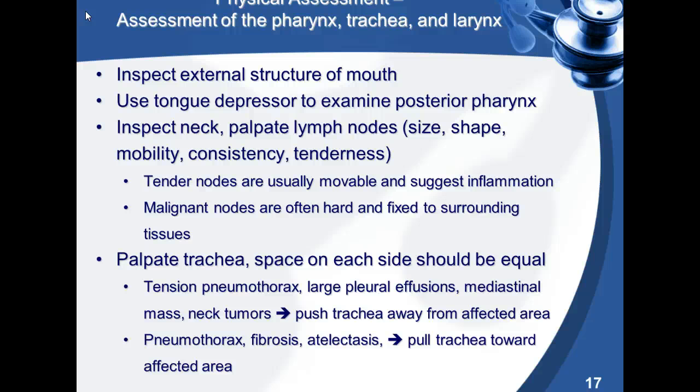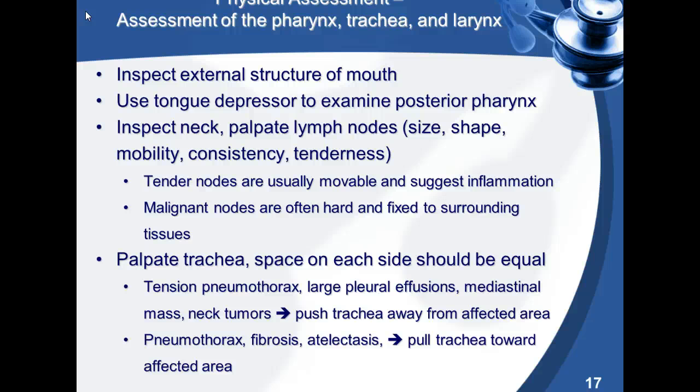Keep that thought in your mind, because that could be a test question about the consistency of nodes and whether something is malignant. Palpate the trachea, and the space on each side should be equal.